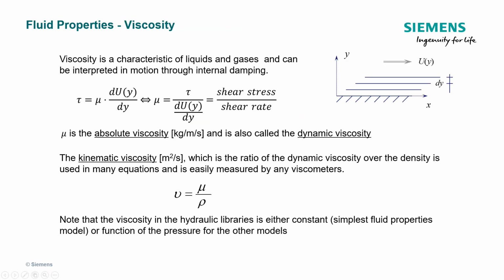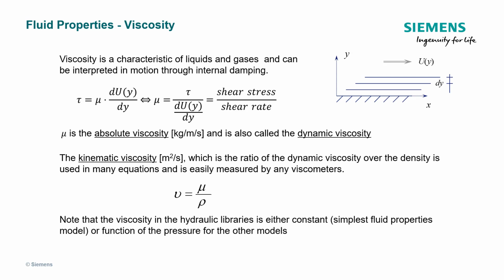The last one is fluid viscosity. Viscosity is a characteristic of liquids and gases, and it can be interpreted in motion through internal damping. The definition of viscosity was first given by Newton. The absolute viscosity mu is defined as shear stress divided by shear rate. The absolute viscosity is also called the dynamic viscosity.